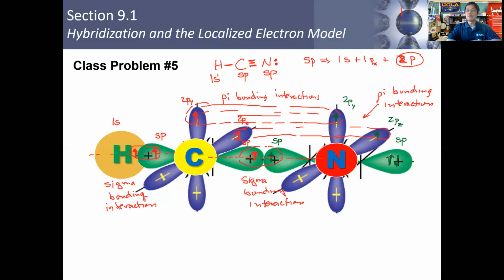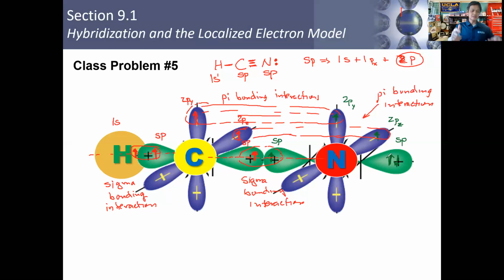We've accounted for all of the interactions. We've accounted for where all the electrons will be for each one of these atoms, what the electrons do for each one of these atoms, and we've also talked about how the bonds form.